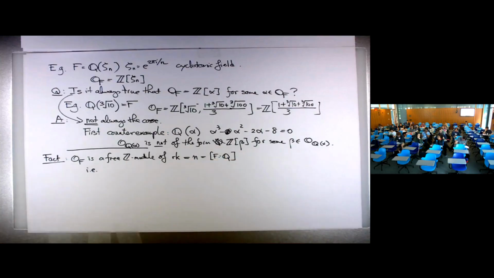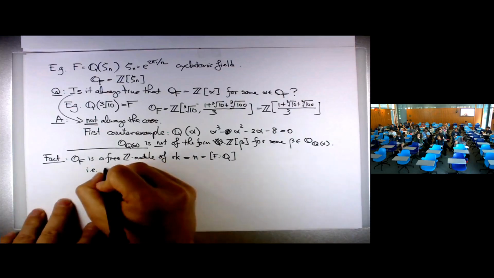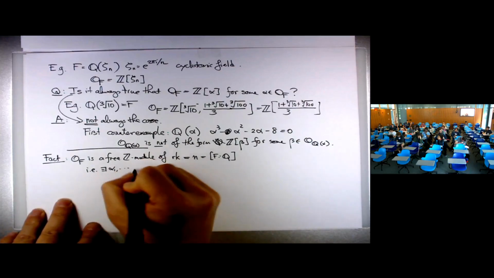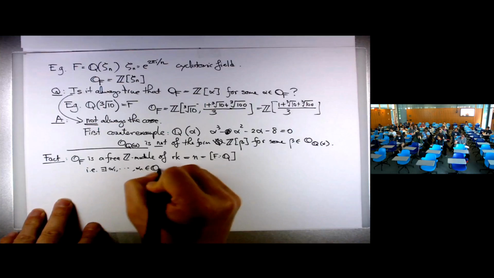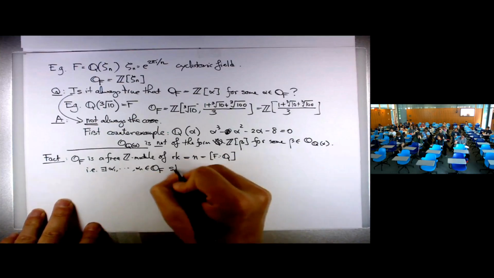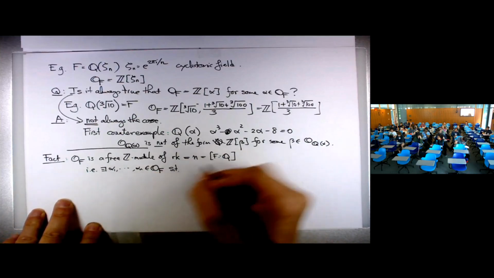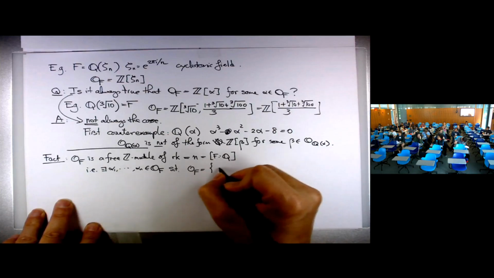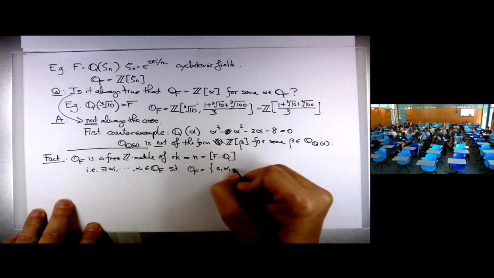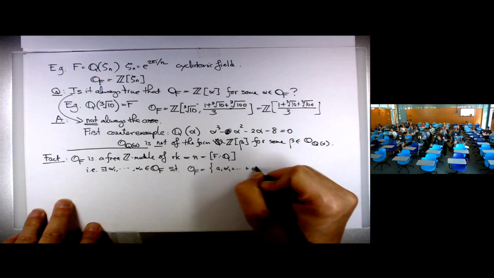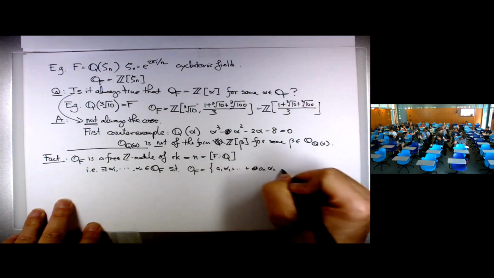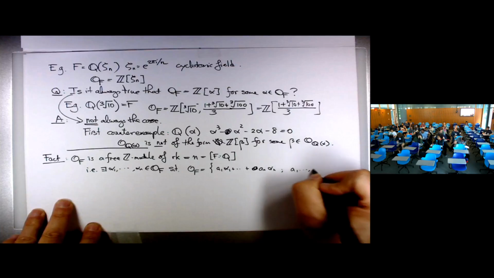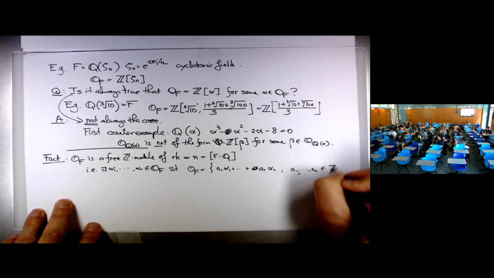By that, I mean that you can find alpha_1 to alpha_n in the ring of integers such that O_F is equal to a_1 alpha_1 plus ... plus a_n alpha_n, where a_1 through a_n are in Z.